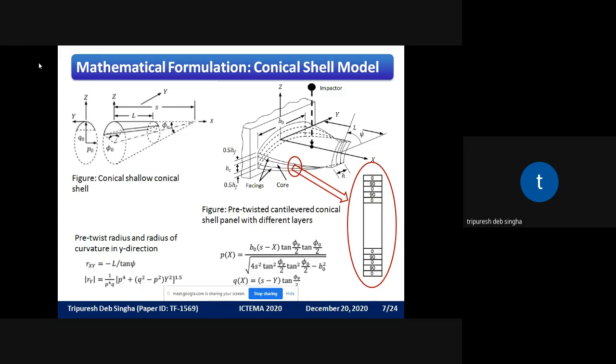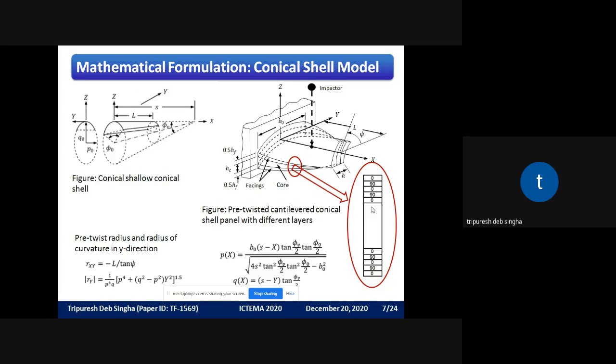Now the sandwich conical shell panel is obtained from this conical shell, and here the thicknesses of the different layers of the sandwich shell are shown. The top face sheet and bottom face sheet are both 5 layered composites, and the core is the foam core.